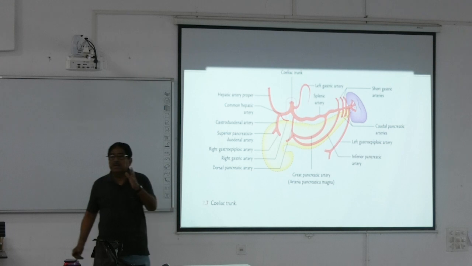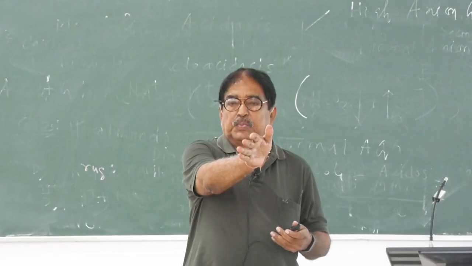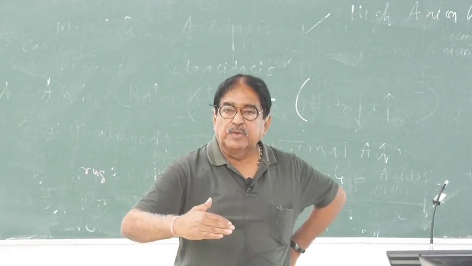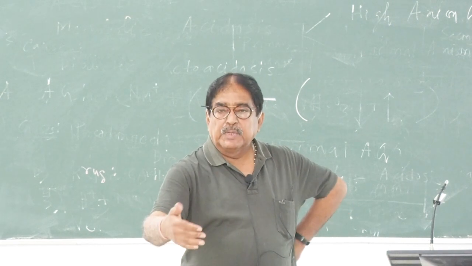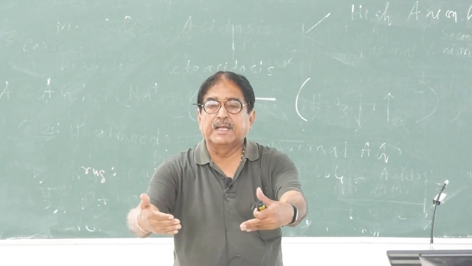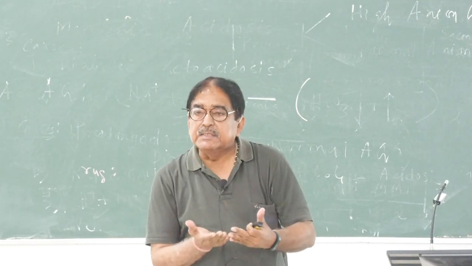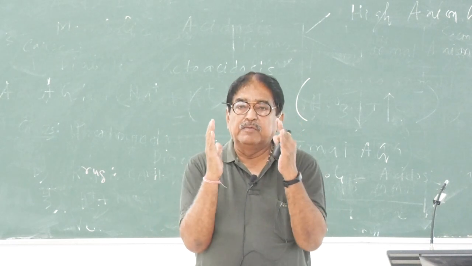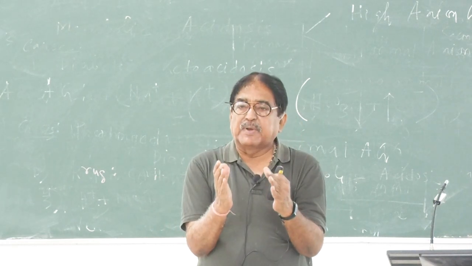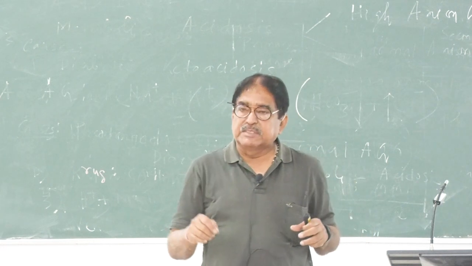Now, when you'll be seeing the stomach, in the body you put the stomach, just like you open a box, so you see the structures. Now, the arterial supply of the stomach, you have to know what are the branches.